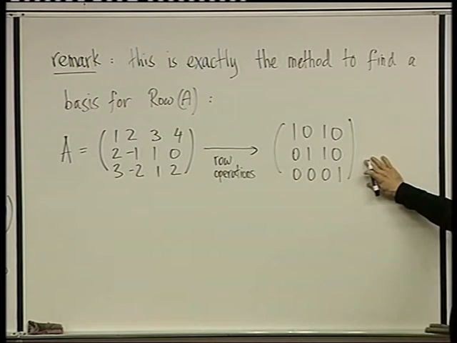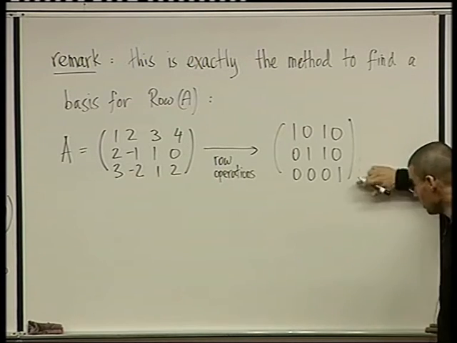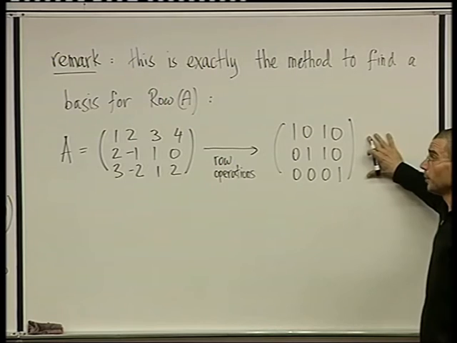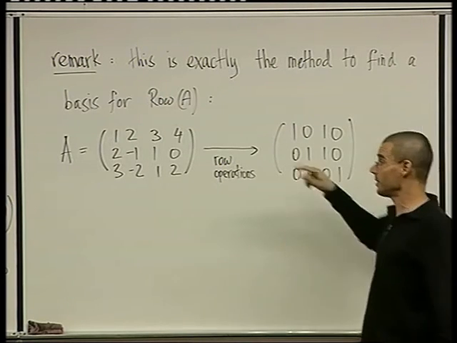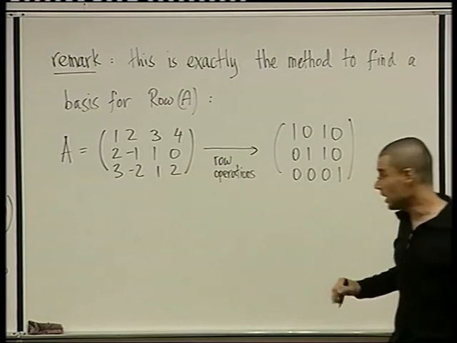So this is B. This is an echelon form, right? So the non-zero rows, and in this example, all of them are non-zero rows, are a basis for the row space of A.